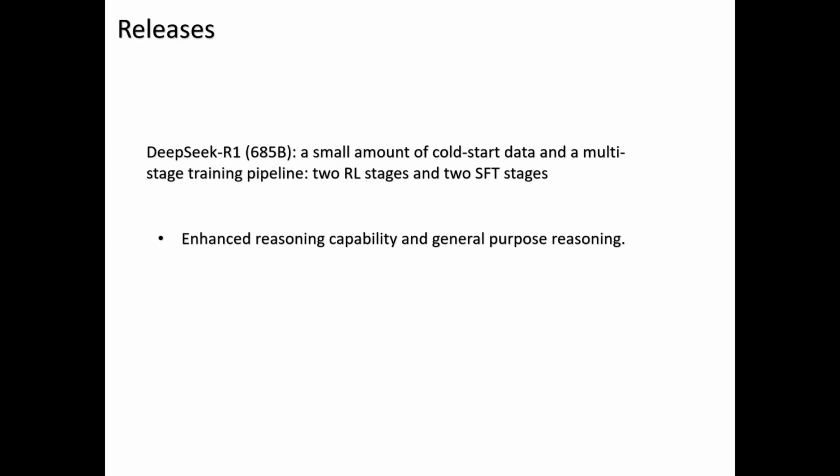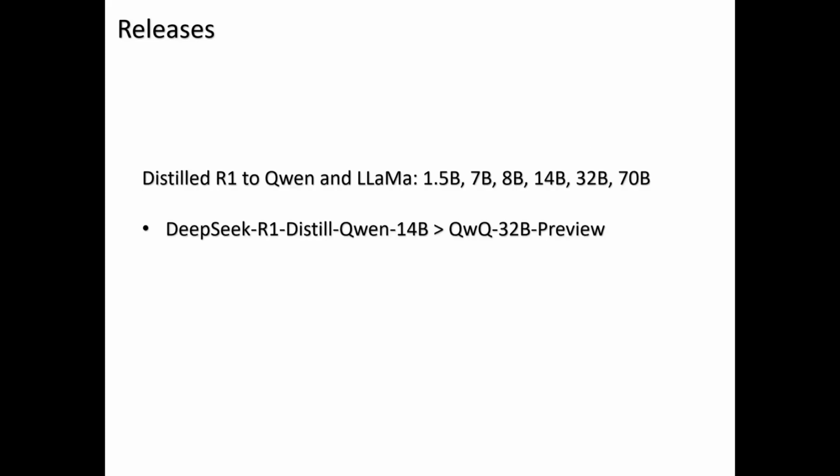They also distilled R1 into Qwen and Llama models ranging from 1.5 billion to 70 billion parameters. Their 14 billion parameter version of Qwen outperforms the 32 billion parameter preview reasoning model released by the Qwen team. And this model can run on consumer GPUs like RTX 3090. Okay. Next, let's discuss the methodology.